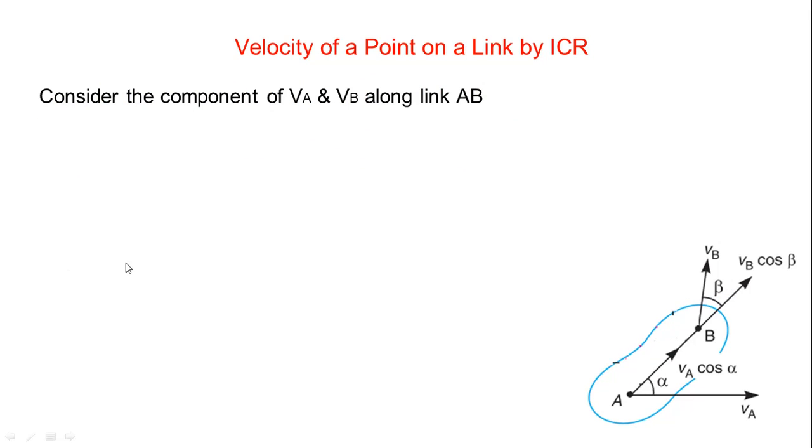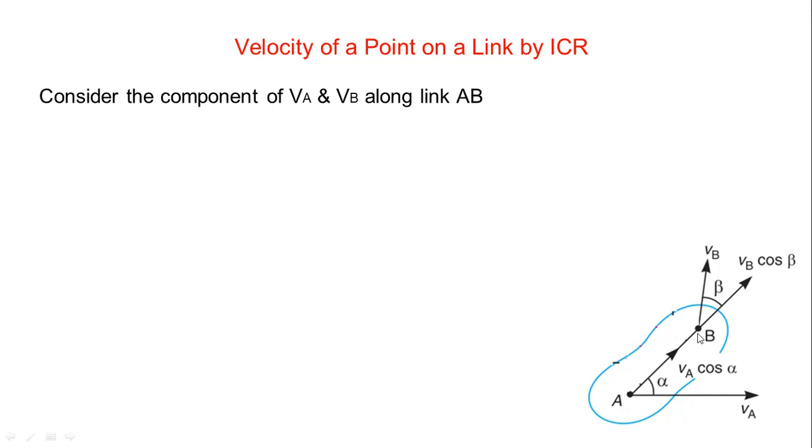Now consider the component of velocity at point A and the component of velocity at point B along the link AB. The component of velocity VA along link AB will be VA cos alpha, because it is the adjacent side, and cos is adjacent upon hypotenuse.